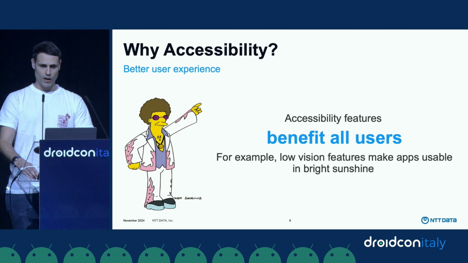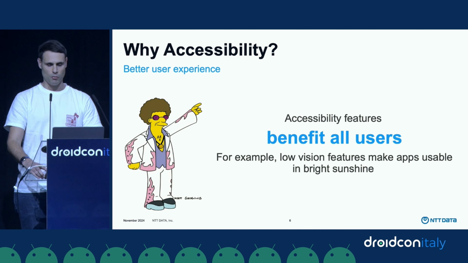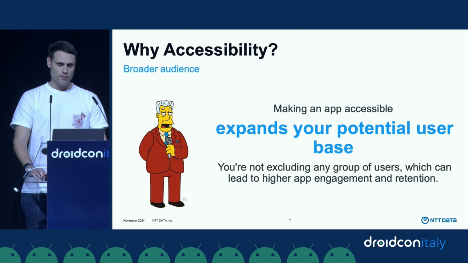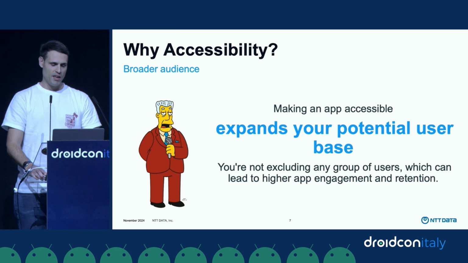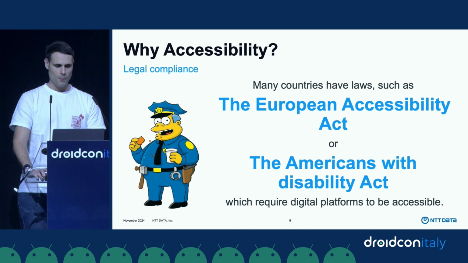For example, if we are in bright sunshine, low vision features can make our apps usable. Then, making an app accessible expands our potential user base, so we can reach a broader audience. You are not excluding any group of users, so you can get higher retention and engagement with your app.